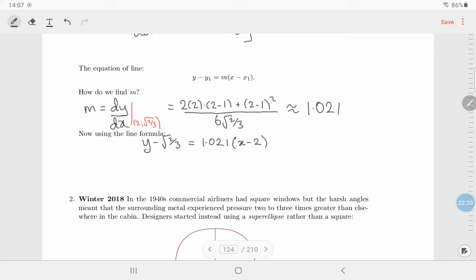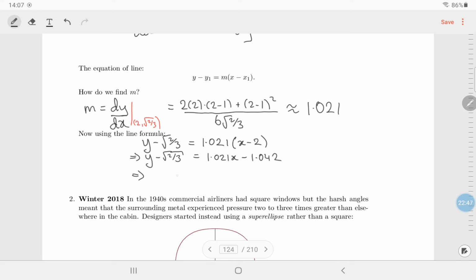So what we should do here is get it in the form y equal to mx plus c, multiply out the right hand side, and then add the root 2 over 3 to both sides. So we get 1.021x minus 1.042.